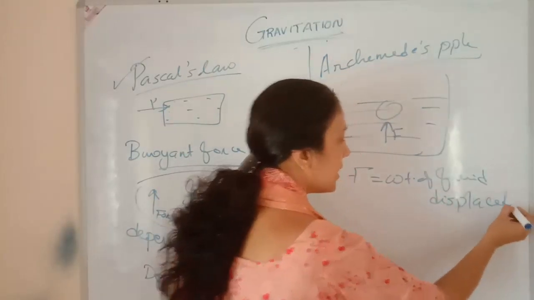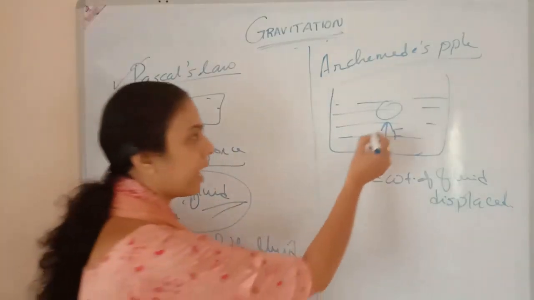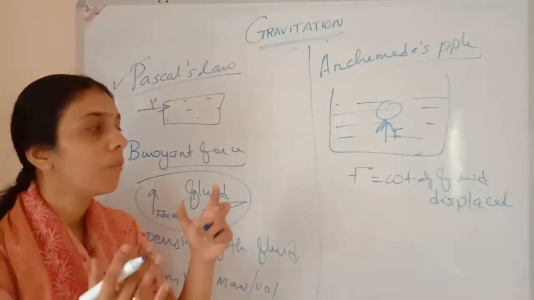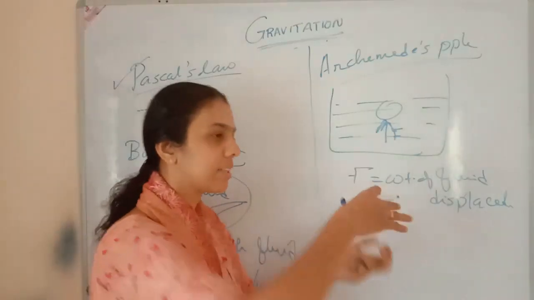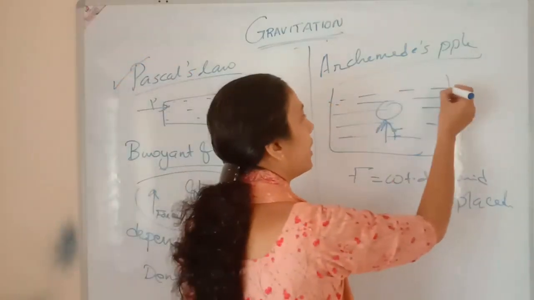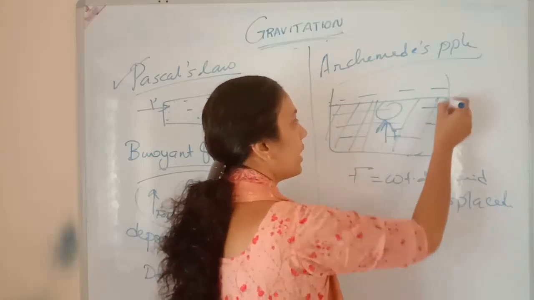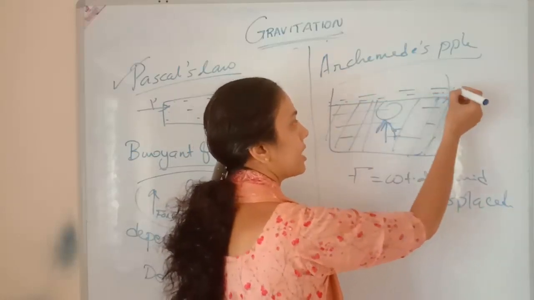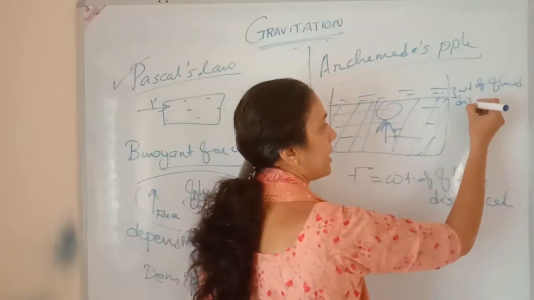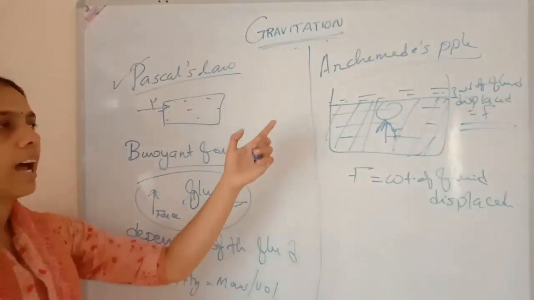When we push the object downwards, fluid will be displaced, isn't it? So the weight of fluid displaced is equal to the upward force. This is the Archimedes principle.